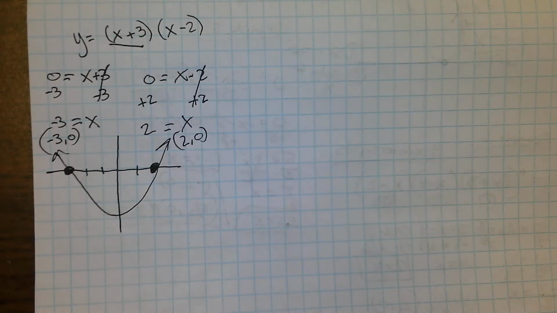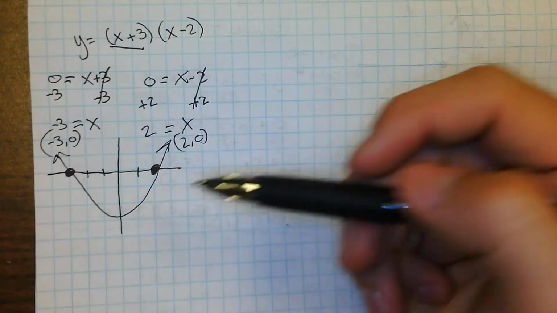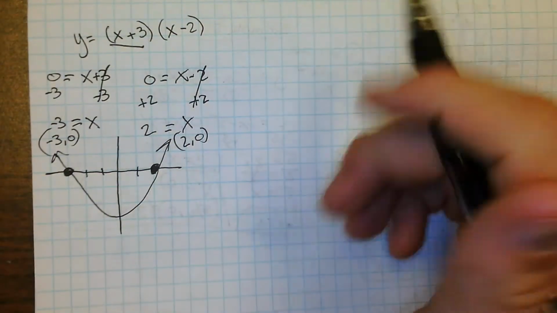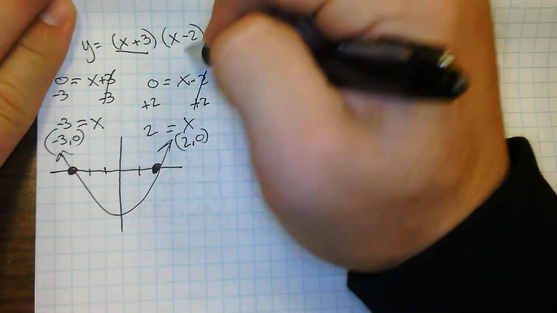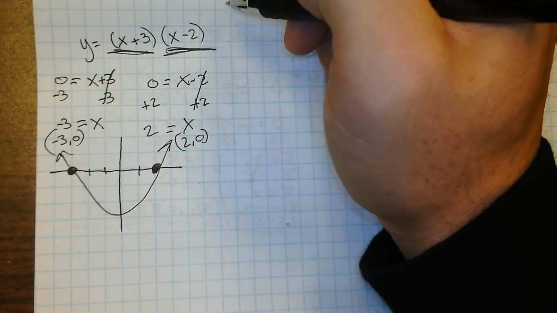Now, what we're going to learn today is how many x-intercepts we'll see compared to how many roots or answers there actually are. Okay. For instance, in this equation, we have two groups. Okay, we have two factors.